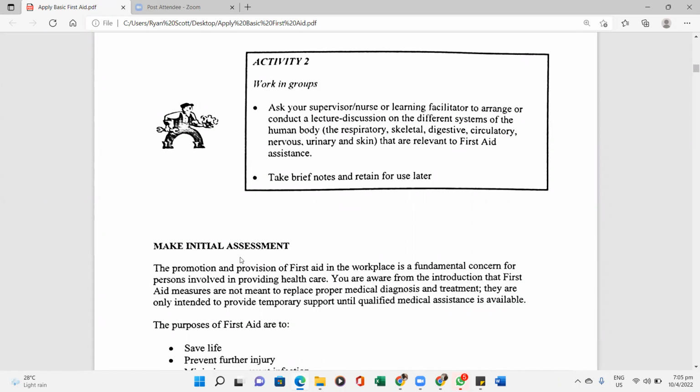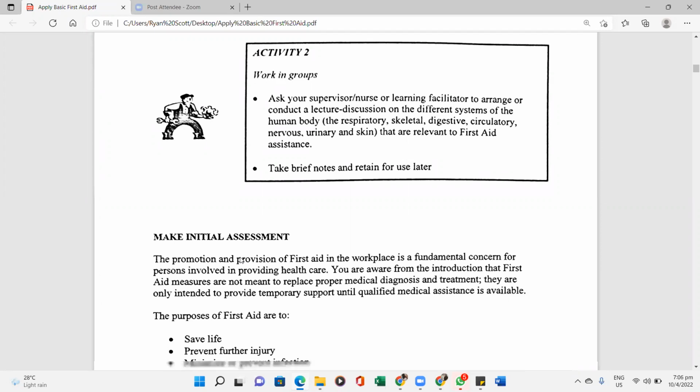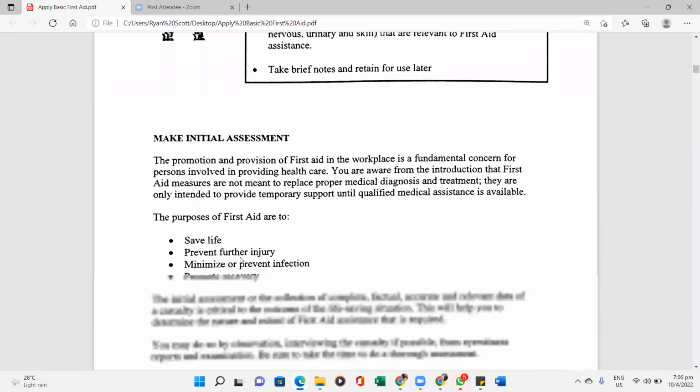The only one that we didn't go through is skin. All right, so I'm going to forward back those videos when we finish. The ones on the respiratory system, skeletal, digestive, circulatory. All right. I believe we didn't go through skeletal and skin. We went through the rest. All right, scroll up.